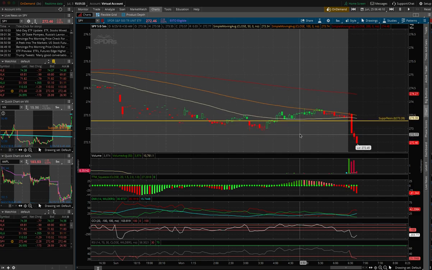Yeah, so the market's pretty weak. Doesn't look like it wants to give that back test and fail. Just wants a fall.